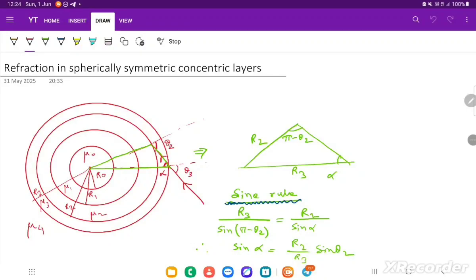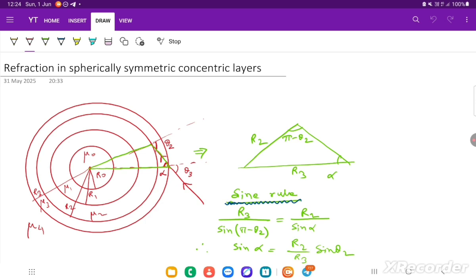Welcome back everyone. Today we'll discuss another concept from optics, which I have named refraction in spherically symmetric concentric layers. It's an extended version of Snell's law for spherically symmetric mediums.